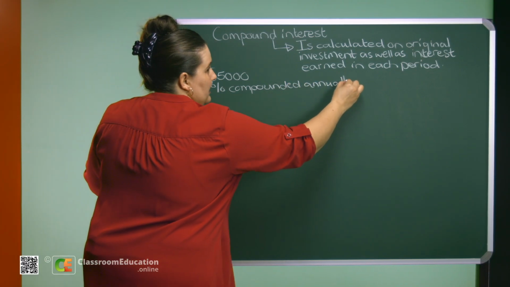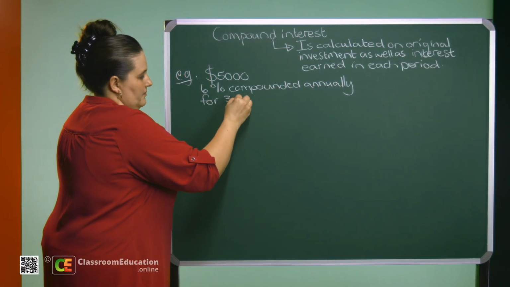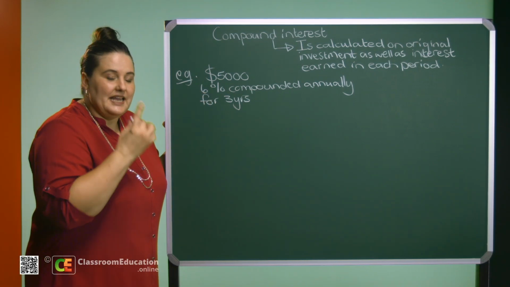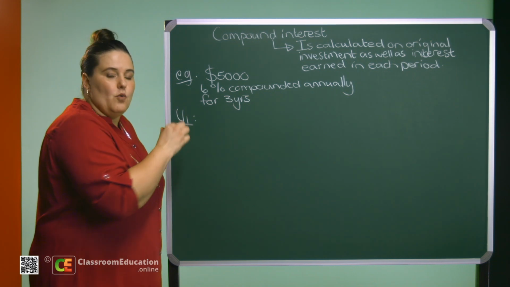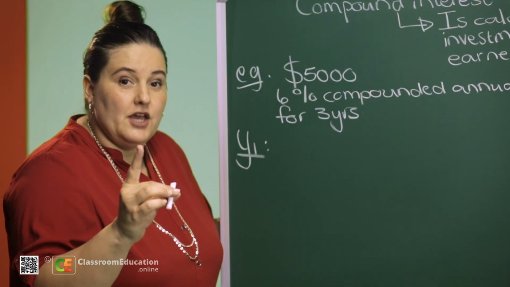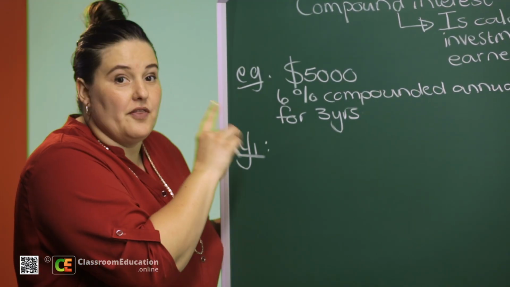And it is for 3 years. Okay, so how can we determine this? Let's say, after the first year, what's the amount that will be in your investment? Remember, you are actually earning 6% interest on that amount.